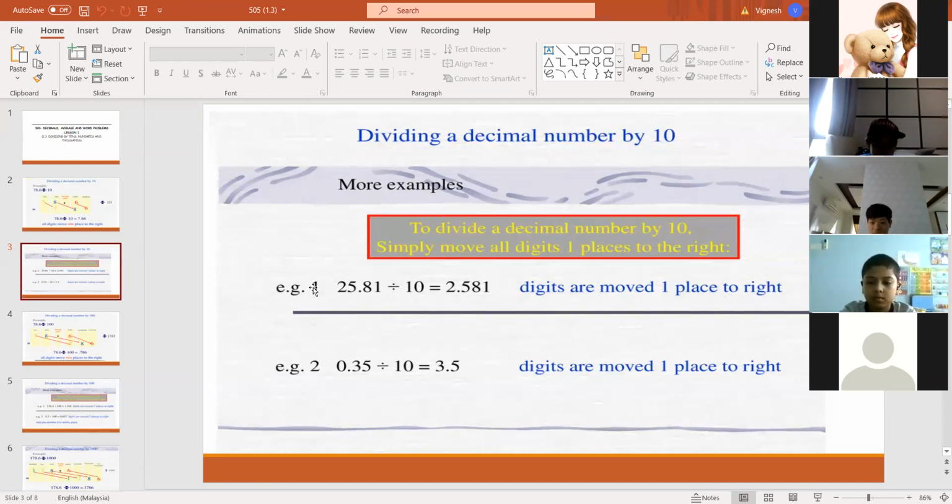Very good. So 25.81, you are moving one decimal place to your left, which means moving along with the decimal. So you are bringing the decimal to your left together. Understand? So what is your answer? So your new decimal is next to the 2, correct? So the answer is 2.581.